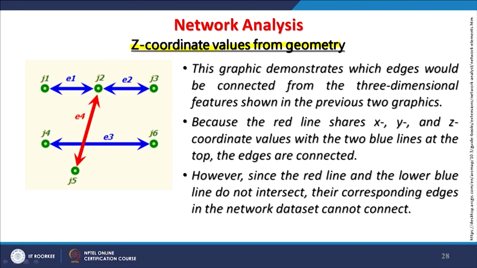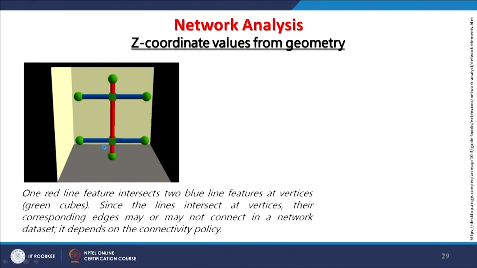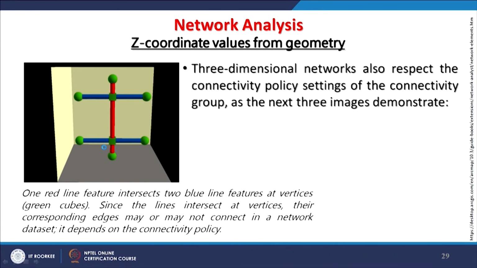If that is available, then only a nice network can be established. Like here we are seeing that there is no connectivity between the blue lines E3 and E4, though the red line is meeting with junction 2 of E1 and E2. That means they are at different levels, the red and these blue lines E3 and E4 are at different levels. But if we see from a different perspective, they may look connected. So, if we want the connectivity, then junctions are required.